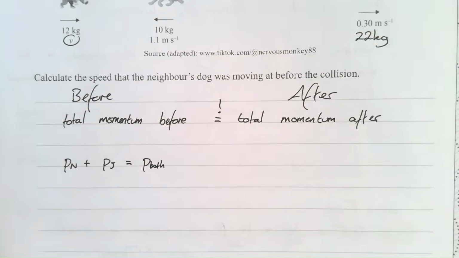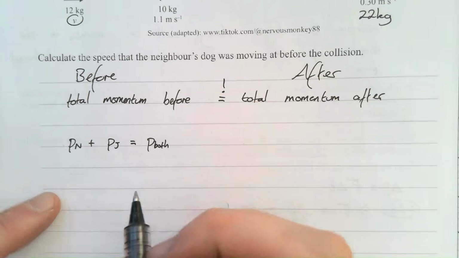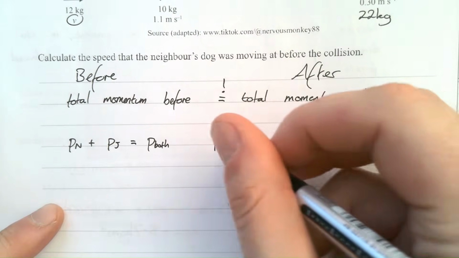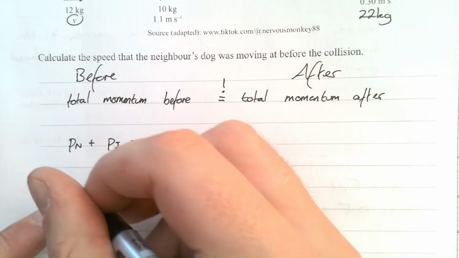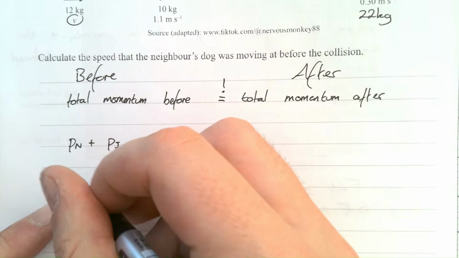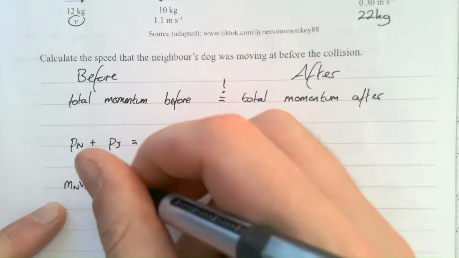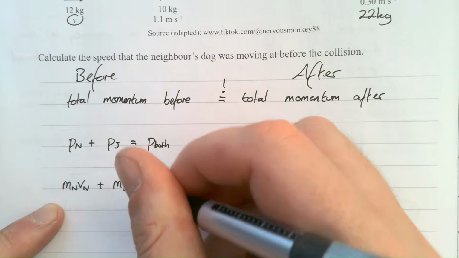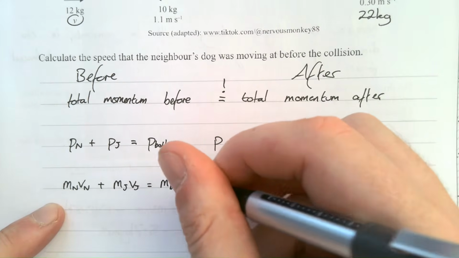That's what our conservation of momentum equation, or law, tells us. And then we're just going to use from our formula sheet that P is equal to mv, such that m of N times v of N, the neighbour's dog and the neighbour's mass, plus the same for Jono's, m J and v J, is equal to m both, v both.